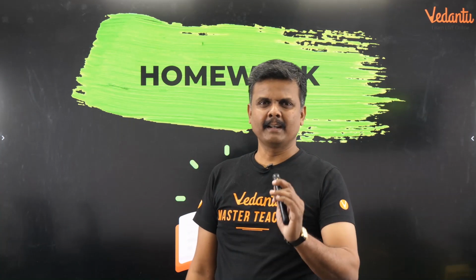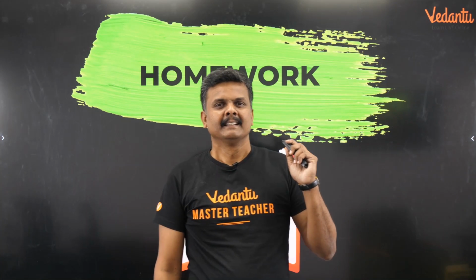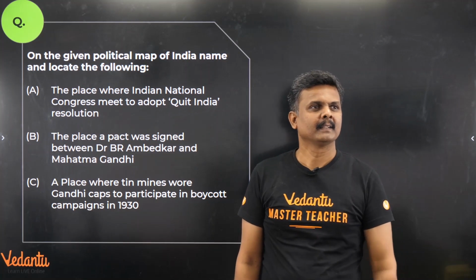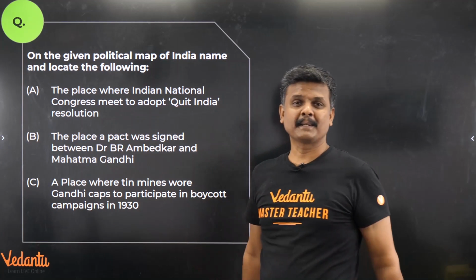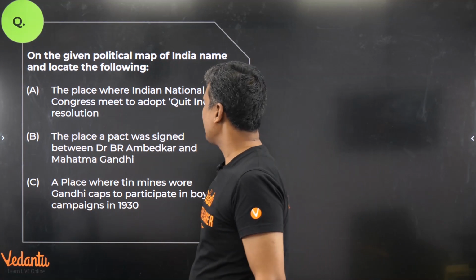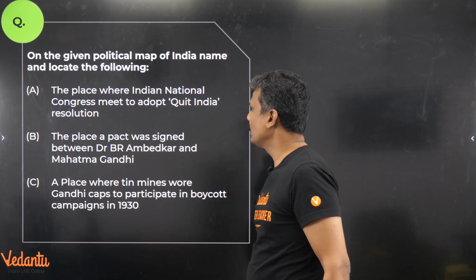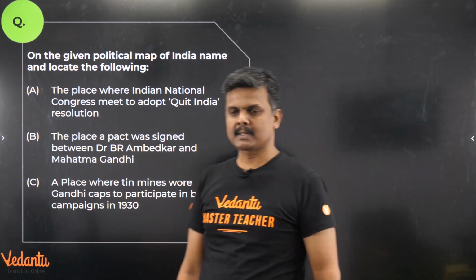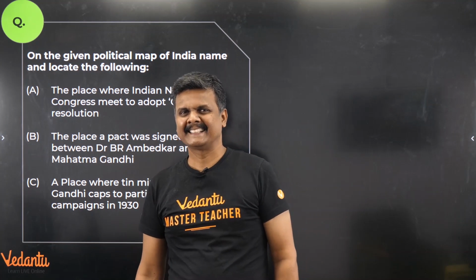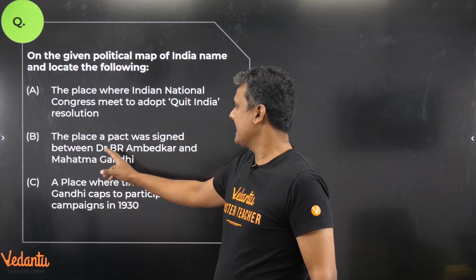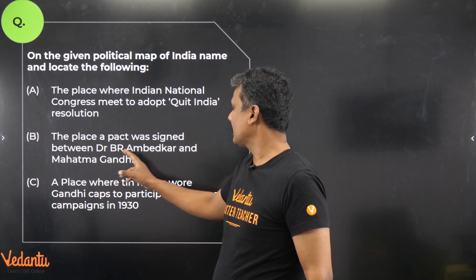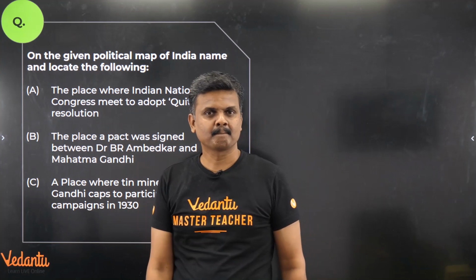Alright, now I'm going to give you a little homework. On the given map of India, I have not given the map of India, it's your responsibility to do that. The place where the INC, Indian National Congress, met to adopt the Quit India resolution. I spoke about it already. The place where a pact was signed between Dr. Ambedkar and Mahatma Gandhi.